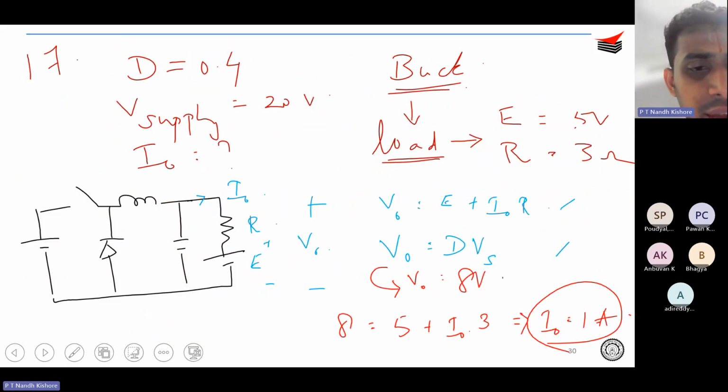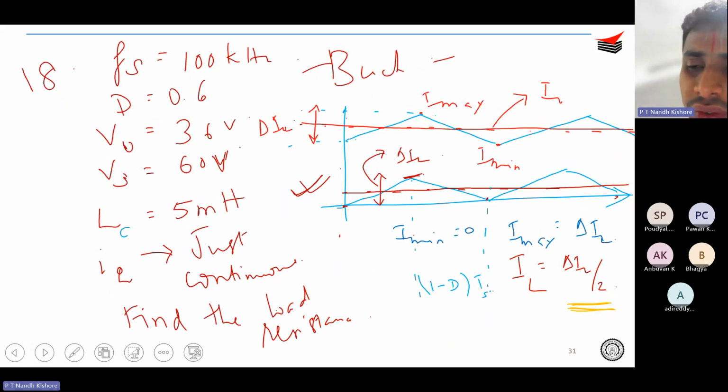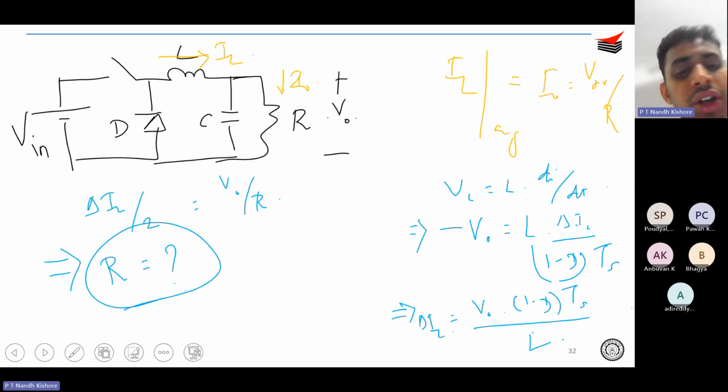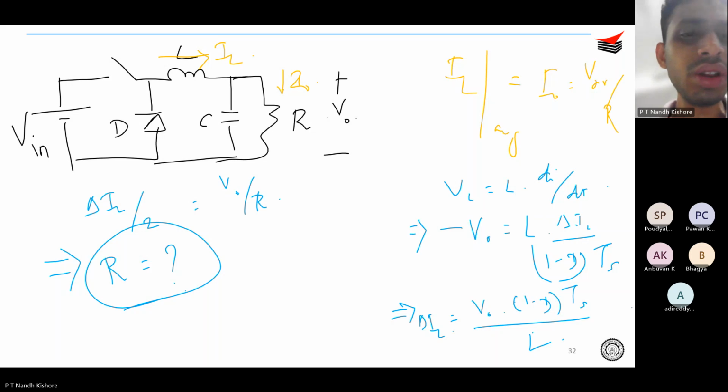Okay. So now that we have this information that IL average is delta IL over 2, we know that in a buck converter, IL average is I naught average, right? The average value of your inductor current is same as the average value of your load current.